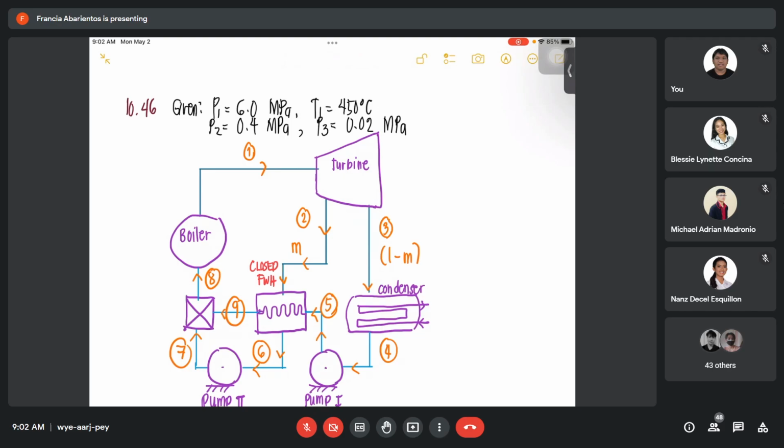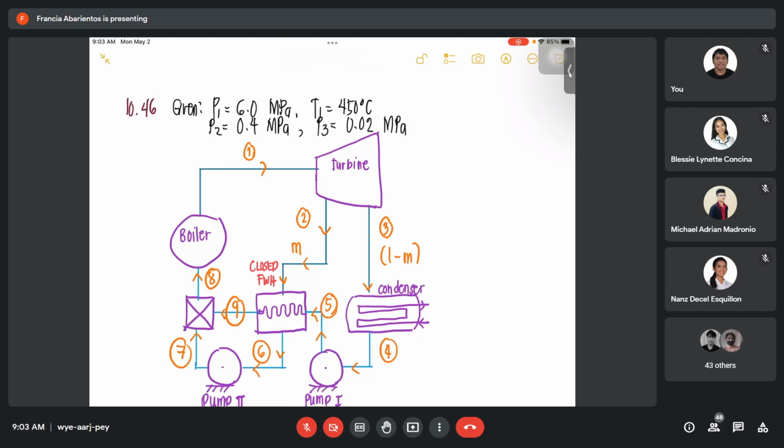A steam power plant operates on an ideal regenerative cycle. So, steam enters at 6 megapascal and 450 degrees Celsius and is condensed in the condenser at 20 kilopascal. So, kinonvert ko na dyan class yung 20 kilopascal into MPa, which is 0.02 MPa.